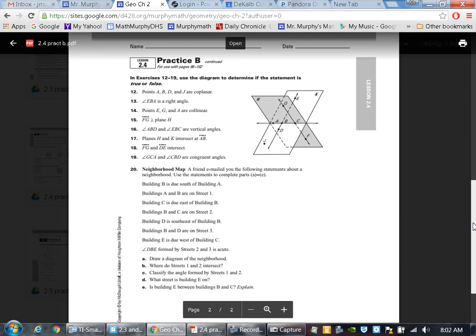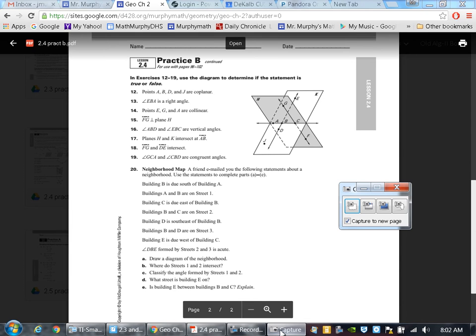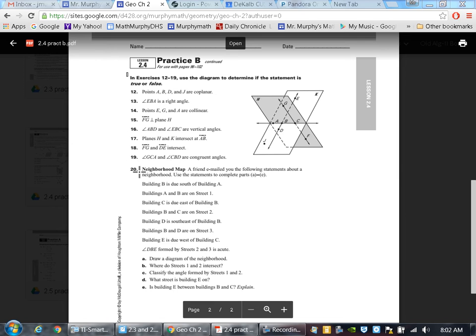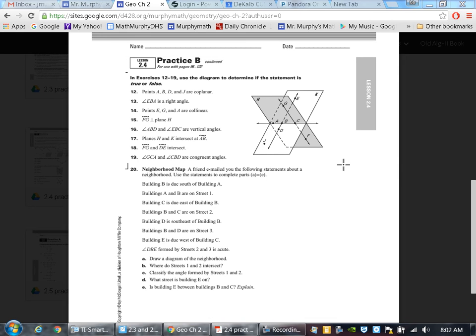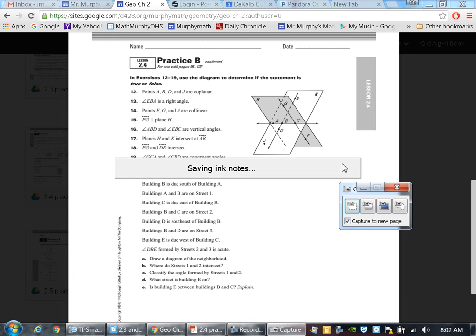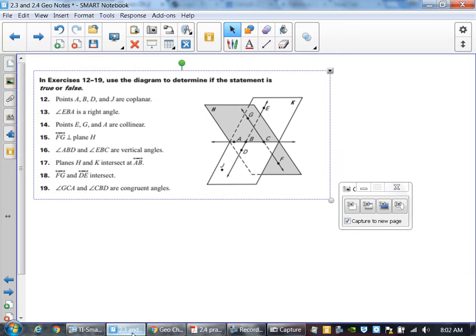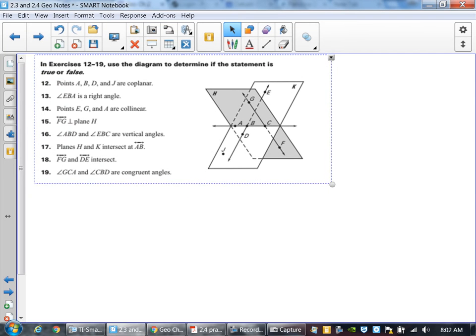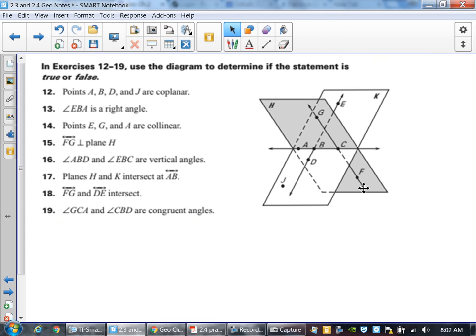So what we're going to do is look at this diagram to determine whether or not things are true or false. We know certain rules about points, lines, planes, and stuff like that from back in chapter 1. So I want to walk you through what the book tends to do in terms of how things can be assumed via a diagram.